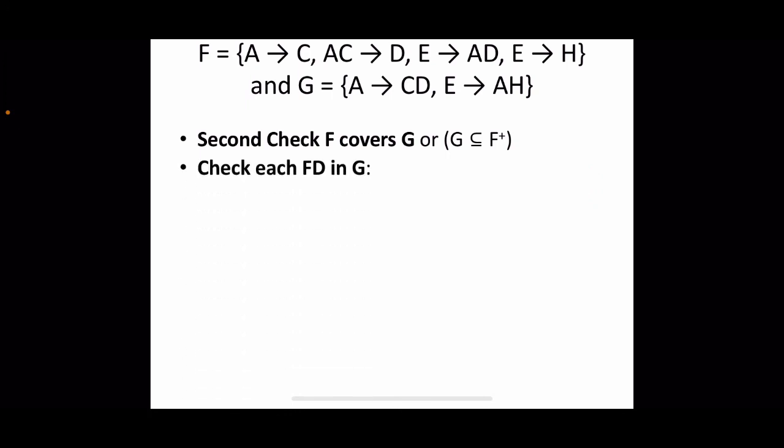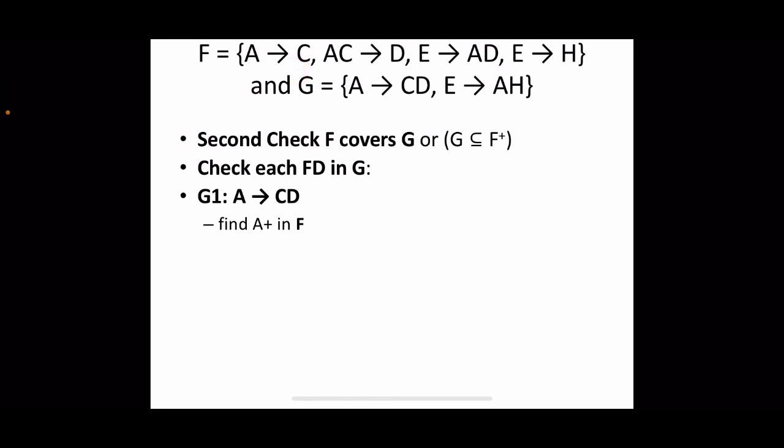Okay, so we have to consider all the dependencies in G and we have to find the attribute closure of these dependencies or attributes with respect to F. Okay, so let us first take this first dependency A determines CD and find the closure of A with respect to F. Okay. So first we will take this dependency.